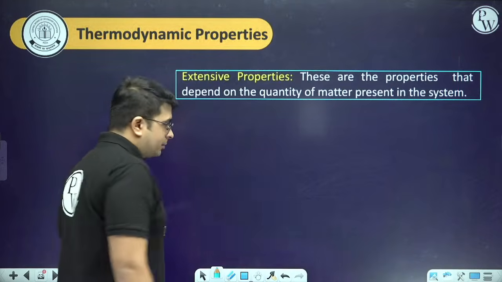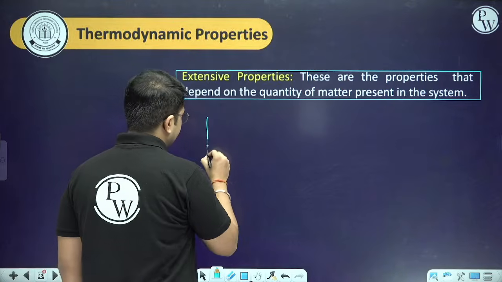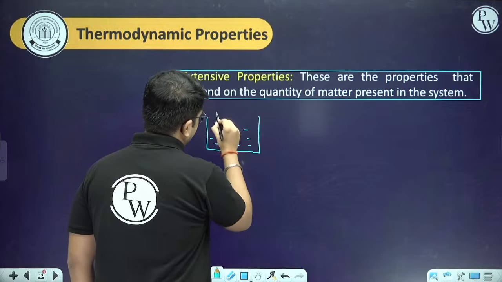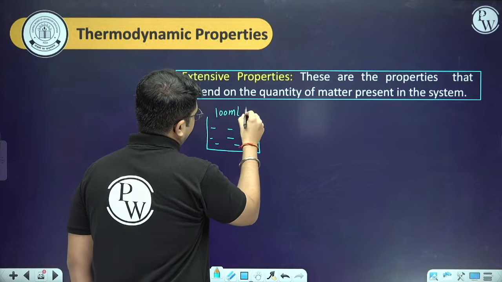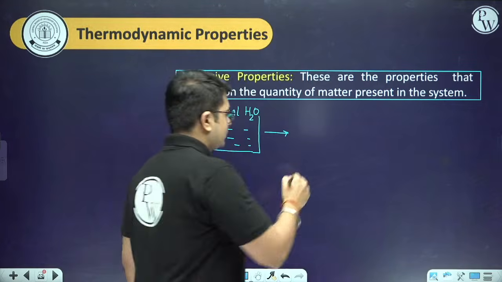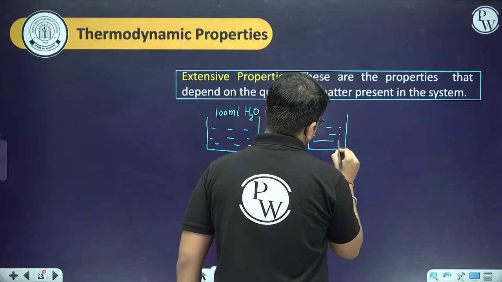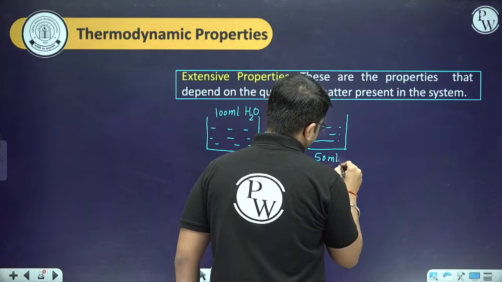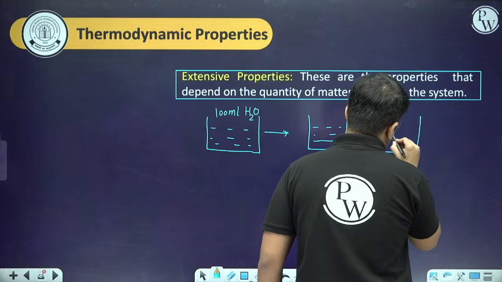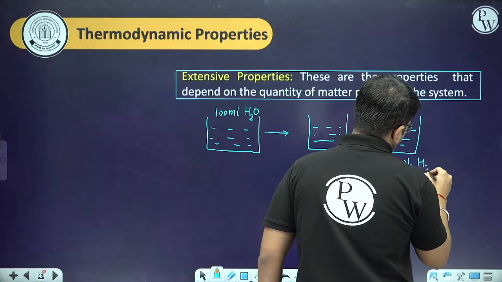For example, if I talk about 100 ml of water, in one container let's say I have 100 ml of water. Now I have bifurcated it into two parts. So in one container I now have 50 ml of water, and in the next container I have again 50 ml of water.